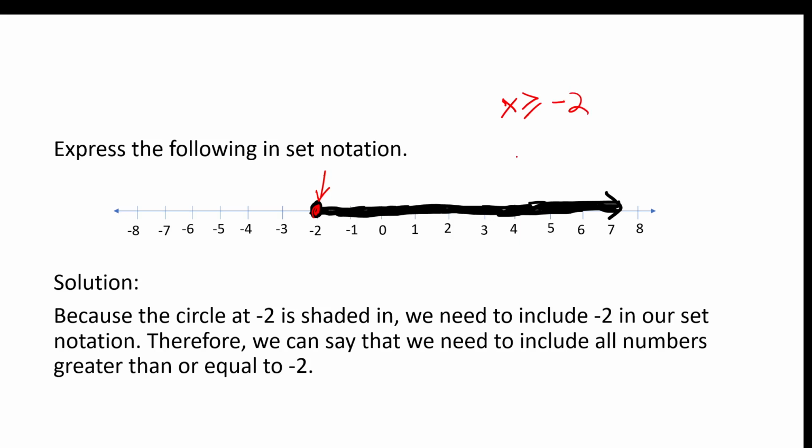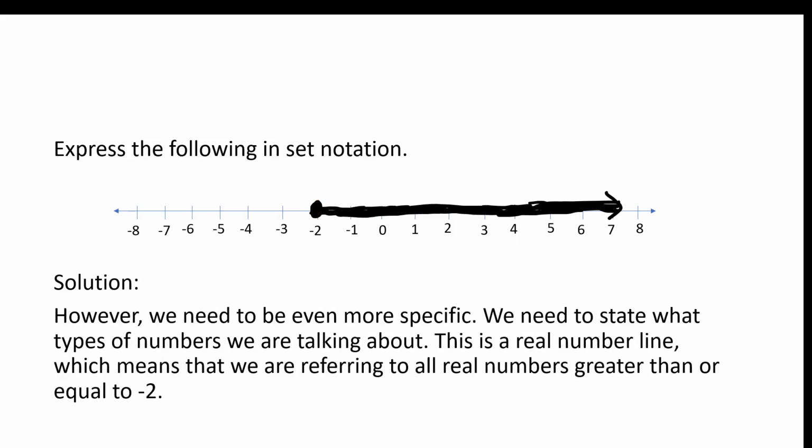Okay, but we also have to somehow indicate that we want to only be talking about real numbers, not unreal numbers or imaginary numbers. And also we want to indicate that we're not just talking about integers. We want to indicate somehow we're talking about numbers greater than or equal to -2 that are real. And the way we write that mathematically is what this question is all about.